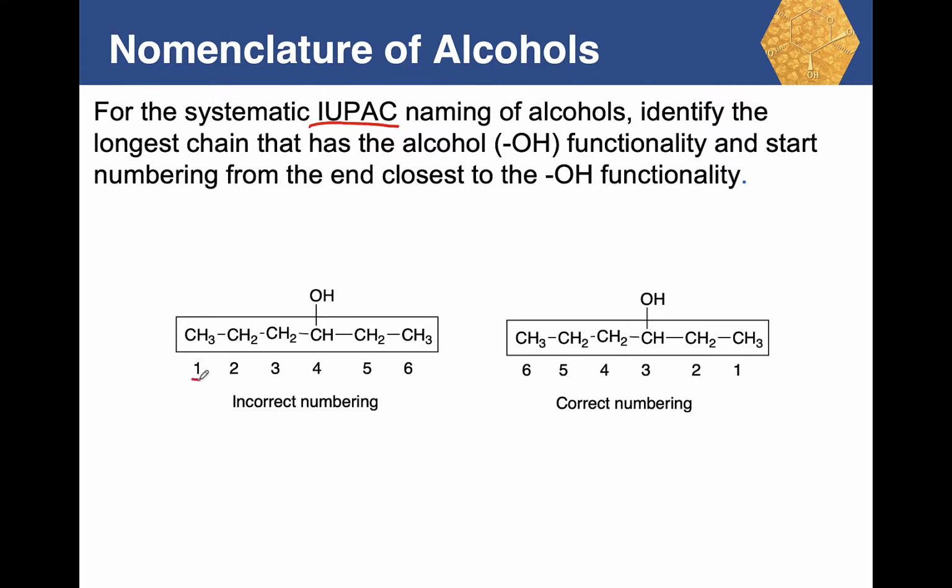As you can see, this is 1, 2, 3, and this is 4 for this carbon that has the OH. If you start at this end, this is 1, 2, and 3. This is 3 for this carbon that has the OH. So this is the correct numbering in this direction.